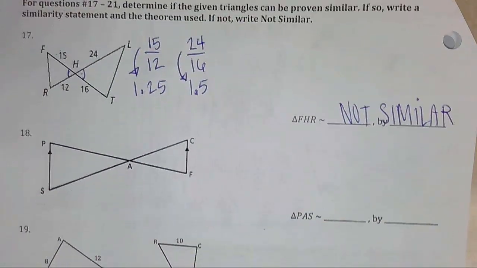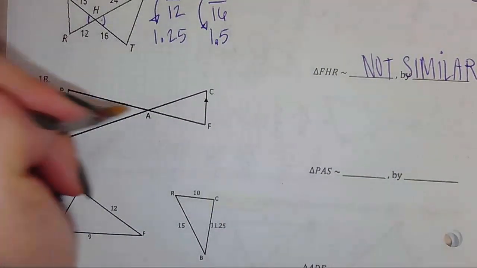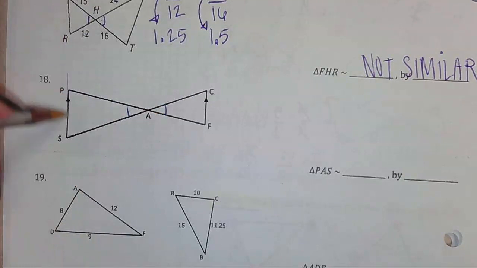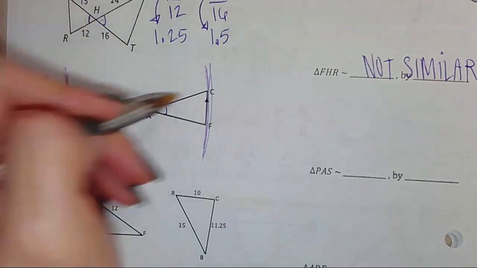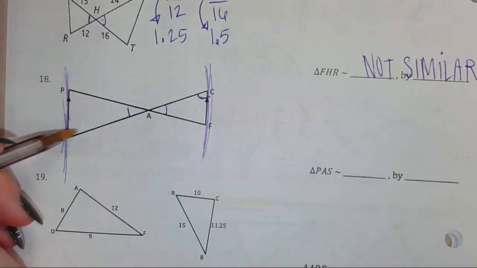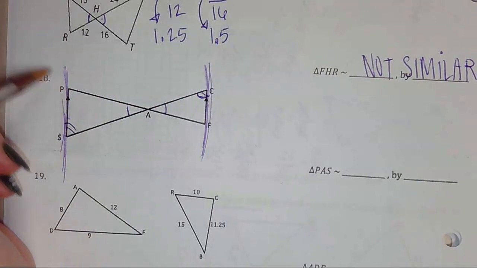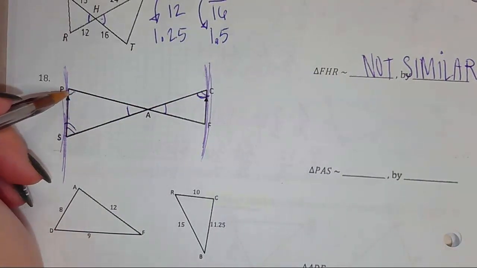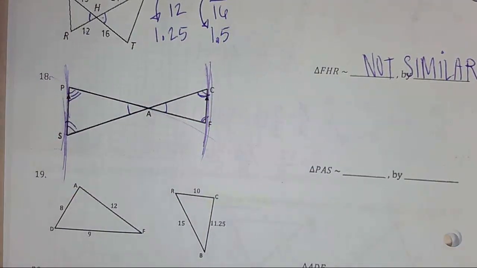All right, well, let's try this one. So first and foremost, oh, these are vertical angles. Ooh, these are parallel lines. Here's a transversal that cuts through. These would be alternate interior angles. These would be alternate interior angles too, based off of this transversal.